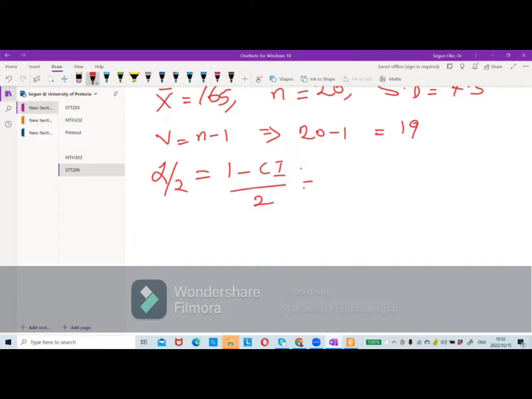What is our confidence interval? 95%, which is 0.95. 1 minus 0.95 is 0.05, divided by 2 is equal to what?